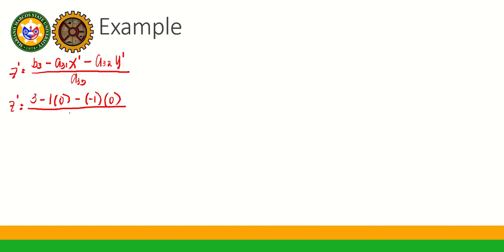What is our a33? That is 4. So this is 0, this is 0. z sub 1 is equal to 3 over 4, so our z sub 1 is equal to 0.75. Okay? So now let's proceed to the second iteration.